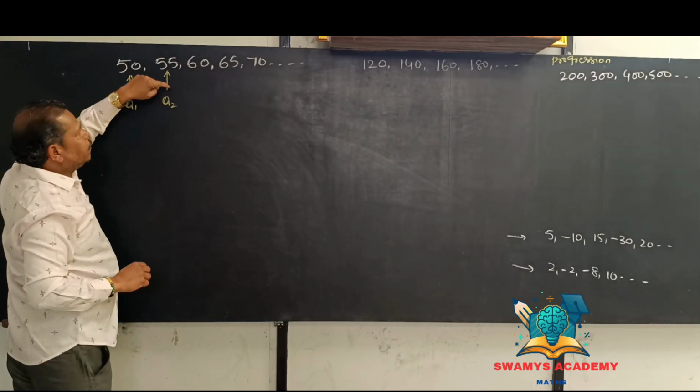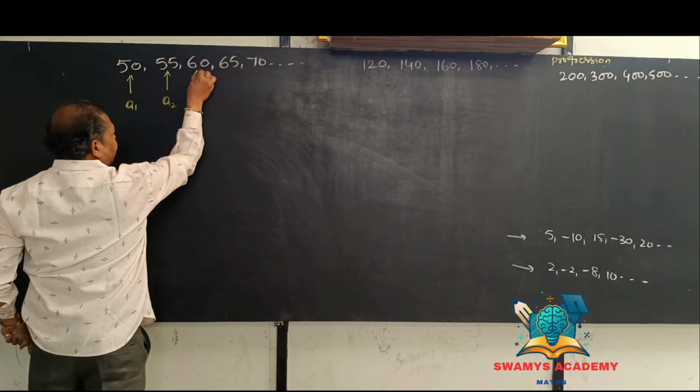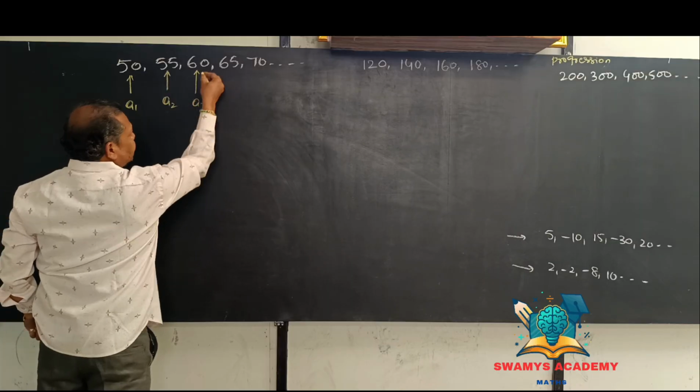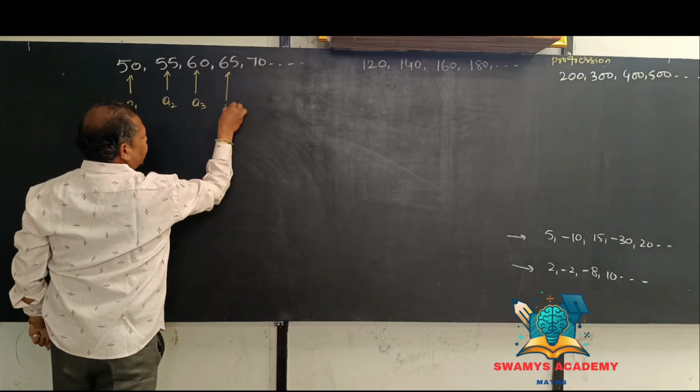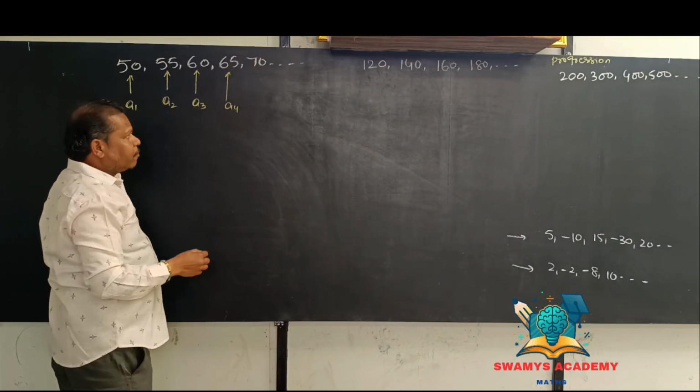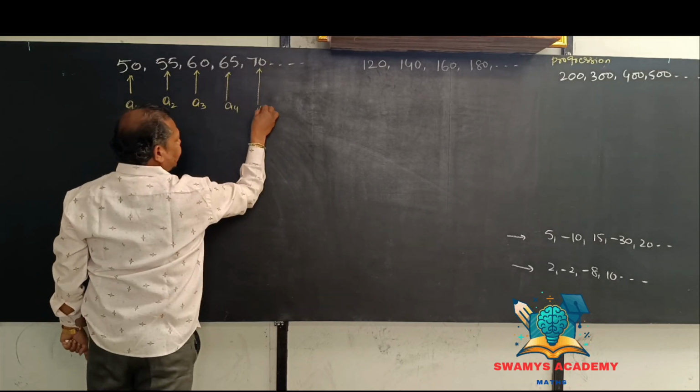Second term A2, that is 55. Third term A3, that is 60. Fourth term A4, that is 65. Fifth term A5, that is 70.